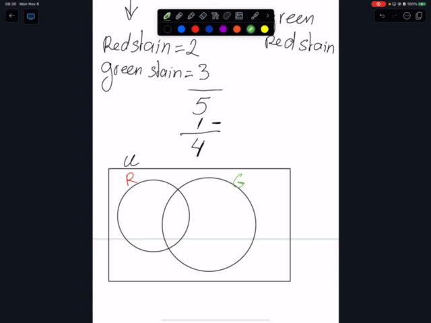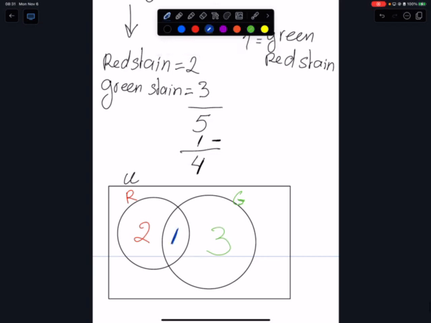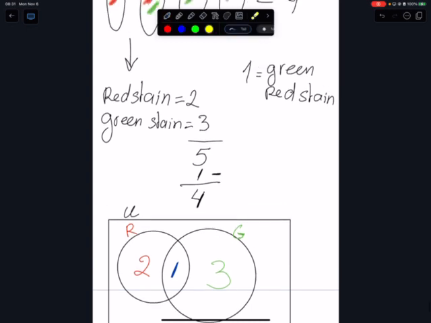These are green stains. I place 2 here, 3 there. And in the middle, there's 1. Because 1 shoe has red stains as it has green stains.